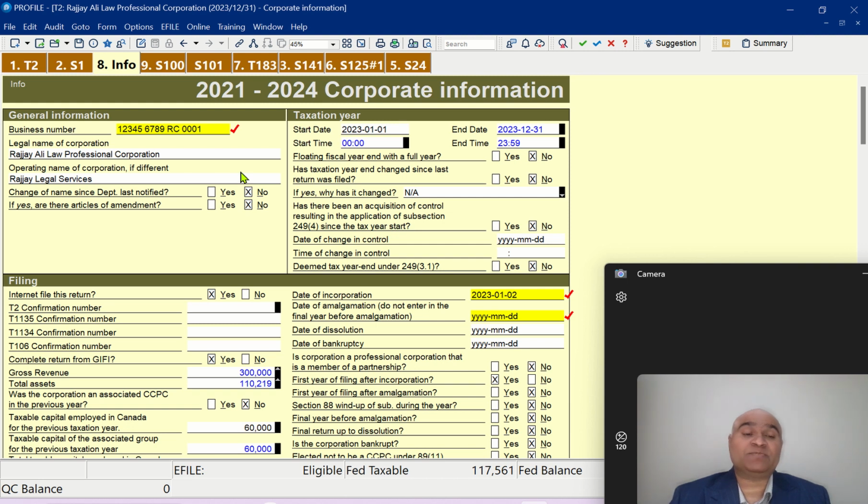I think there is a specific formula for it, I'm not sure, but it recognizes if the corporation is valid or not. And this is the corporation name, the Raj Ali Law Professional Corporation. You can see right there where my cursor is.